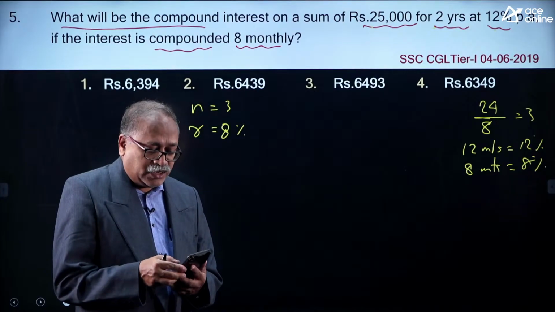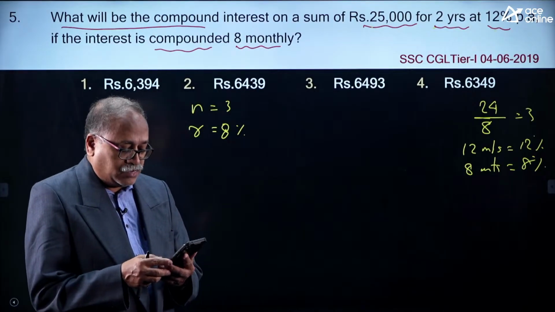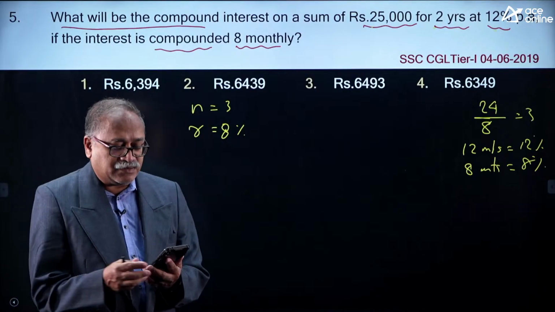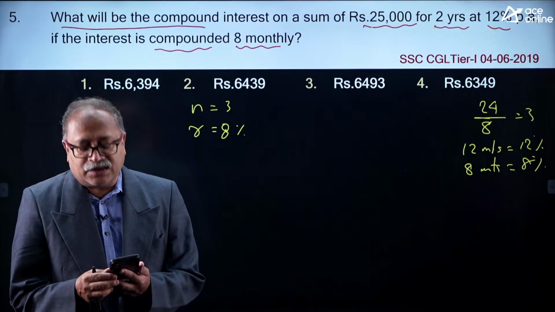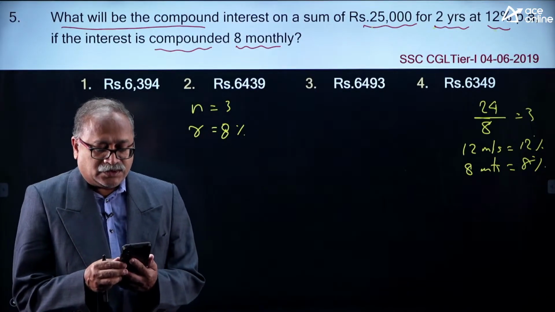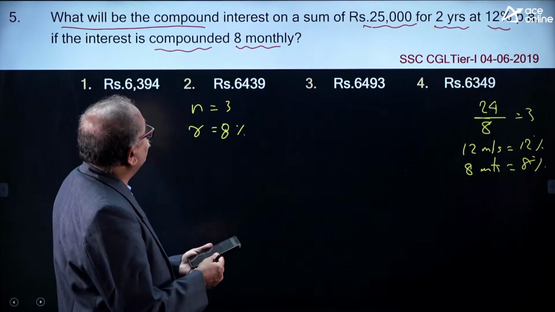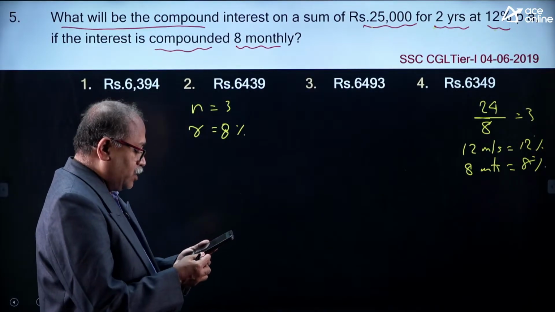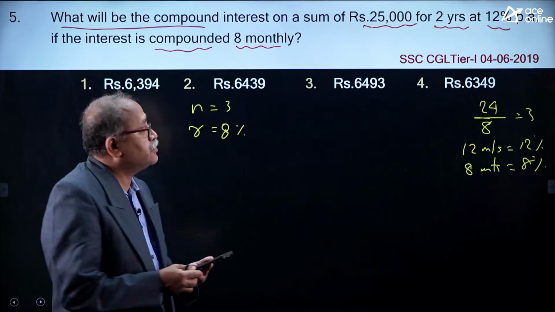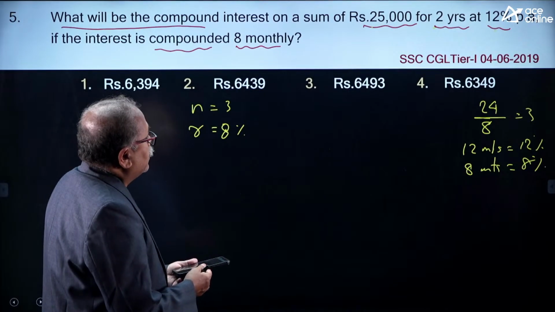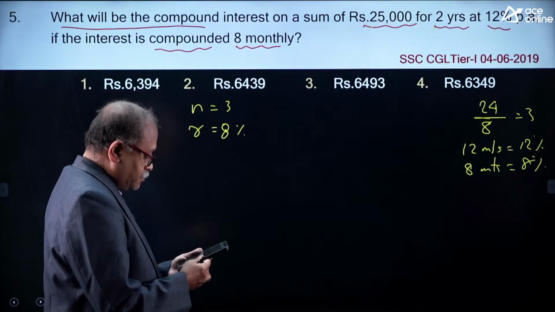The time is over at your end, but it is okay. Some questions take less than 30 seconds, some questions take more than 30 seconds. Okay. Shall I answer the question? In the meanwhile, if you get the answer, I think Pandu has got the answer 6493.